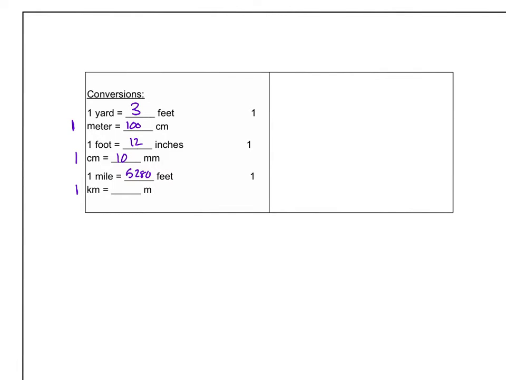And 1 kilometer is 1,000 meters. So just a couple of conversions. The more you can understand about conversions, the more your physics and chemistry teachers will thank you. So just be aware of that, please.